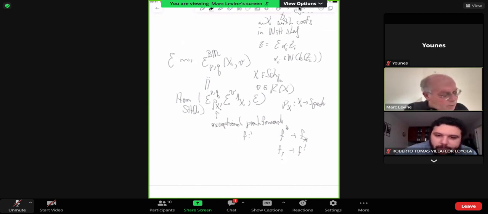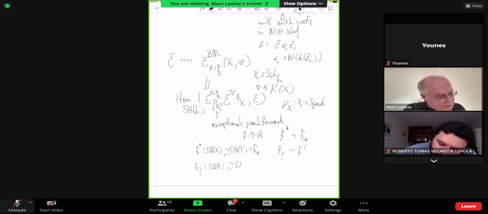If f is going from Y to X, say, f upper star will go from SH of X to SH of Y, and f lower star will go in the other direction. And f lower shriek, of course, will go from SH of Y to SH of X, and f upper shriek will go in the other direction.